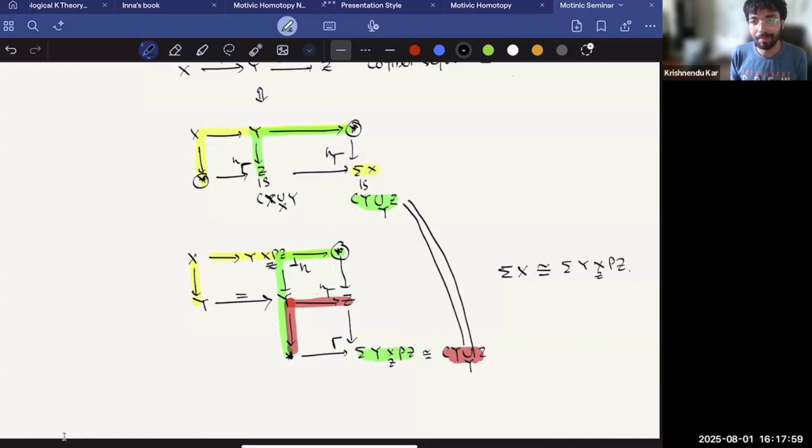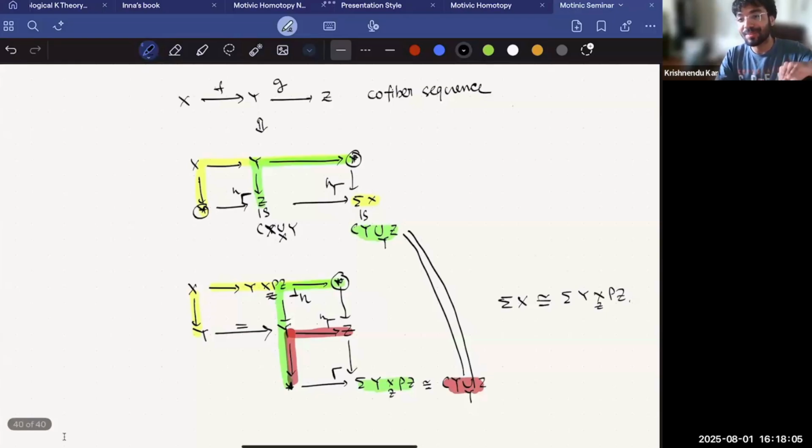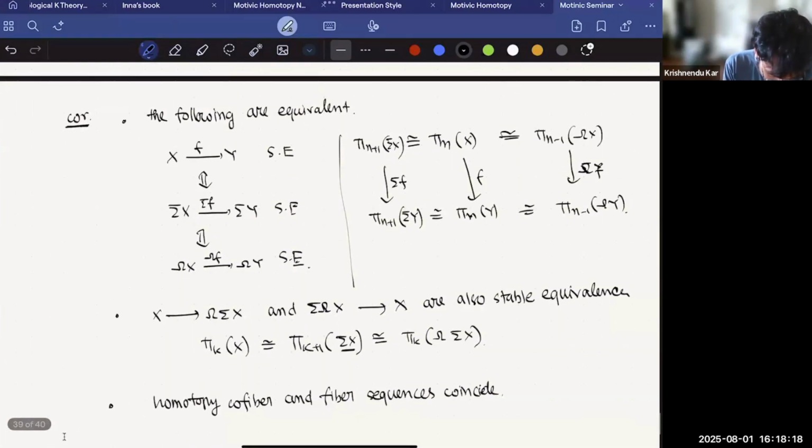The homotopy pullback over here. And since this is the feature of stable categories, if I have a suspension, I can desuspend it. So that means that your X is isomorphic to your Y cross Z PZ by this corollary that we have seen here.